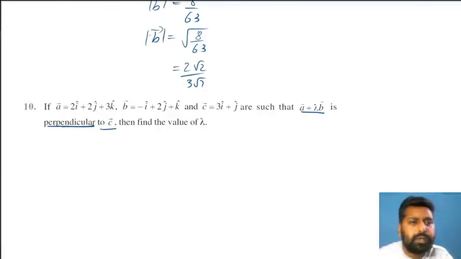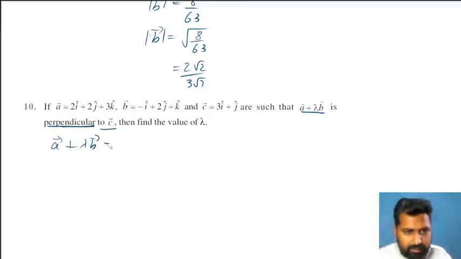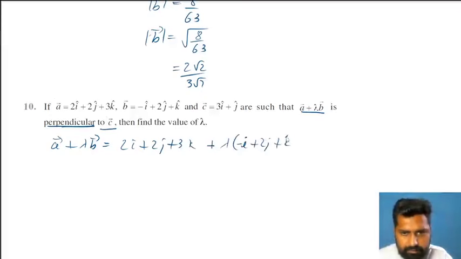The moment we see perpendicular, what do we know? We know that the dot product is going to be 0. So let's first of all find this A plus lambda B vector. So A vector plus lambda times B vector. Now how do we multiply any vector with lambda? You multiply each component with lambda. So basically 2i plus 2j plus 3k, that's A vector, plus lambda times minus i plus 2j plus k.